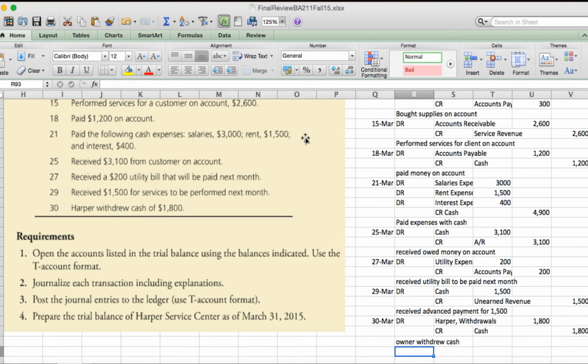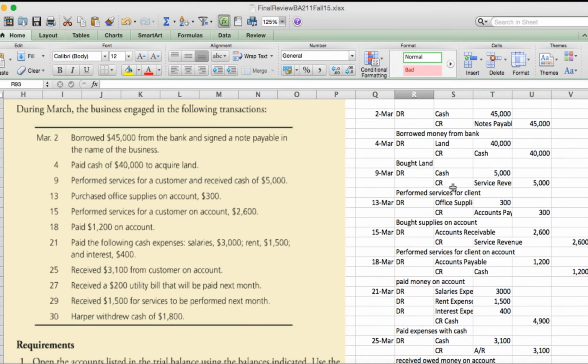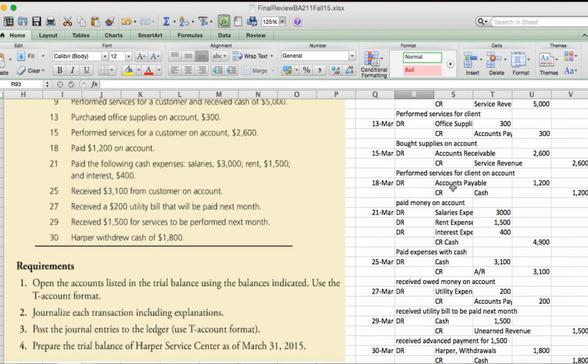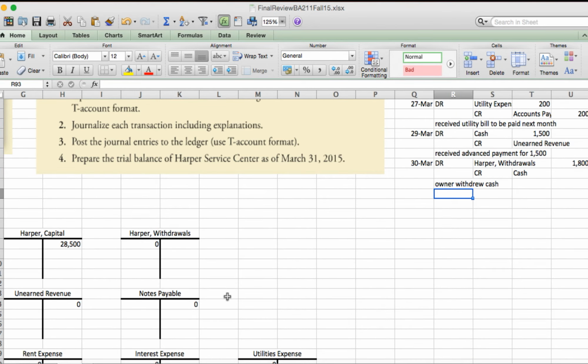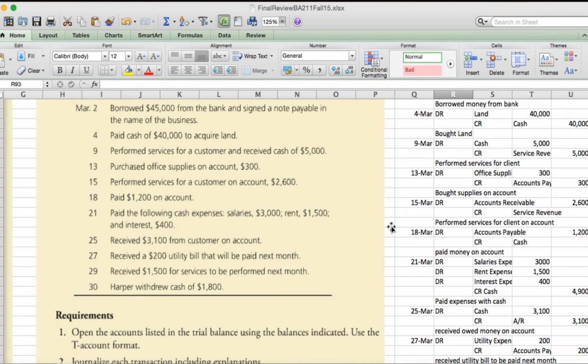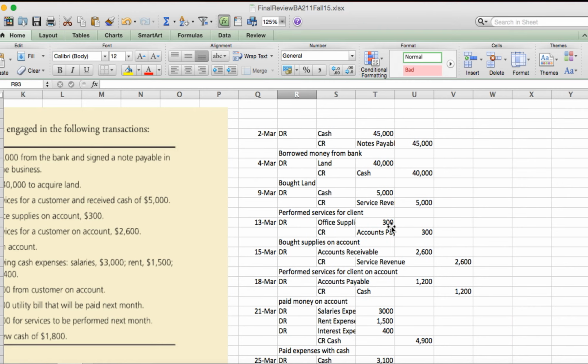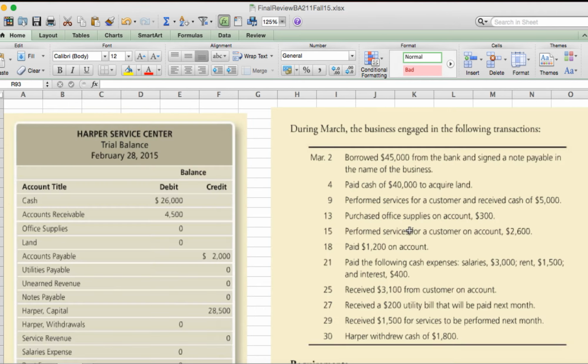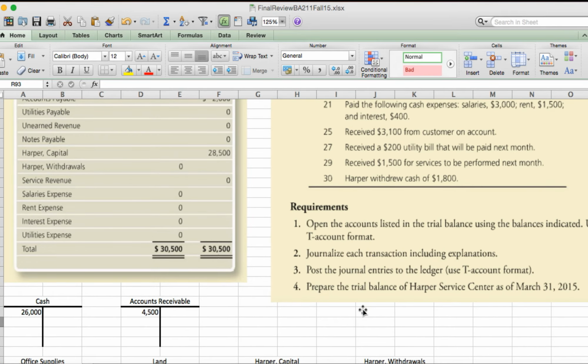Next step, post the journal entries to the ledger using the T account format. So basically, look at all your journal entries and see how they affect the accounts that we opened over here. We'll start with the first one. Debit 45,000 cash, credit notes payable 45,000. So where's my cash?